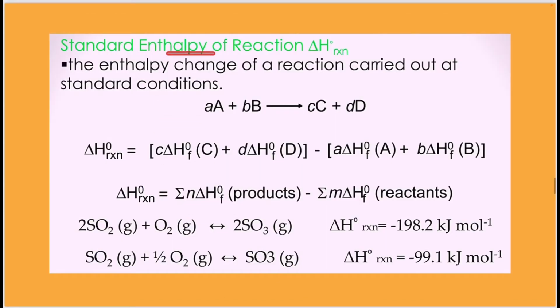For the standard enthalpy of reaction, it is the enthalpy change of a reaction carried out at standard conditions. So this is how you calculate it, same as the previous one: the sum of the products minus the sum of the reactants.